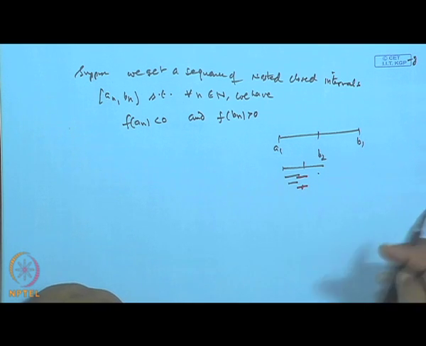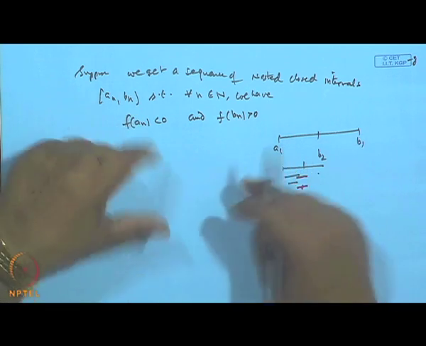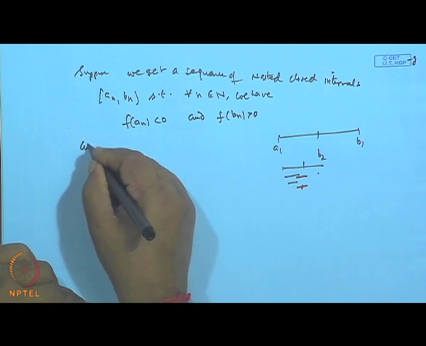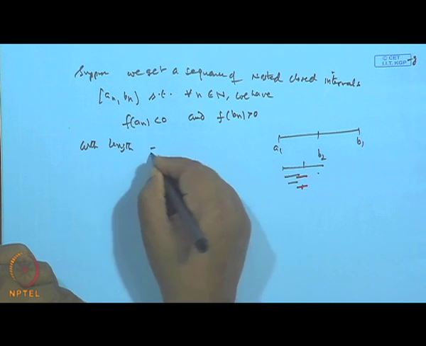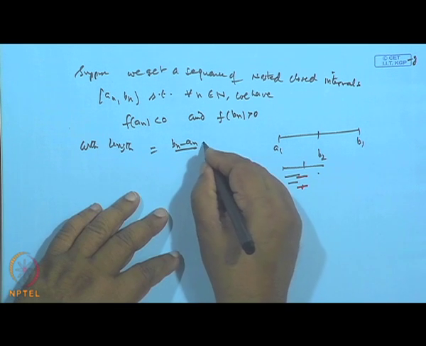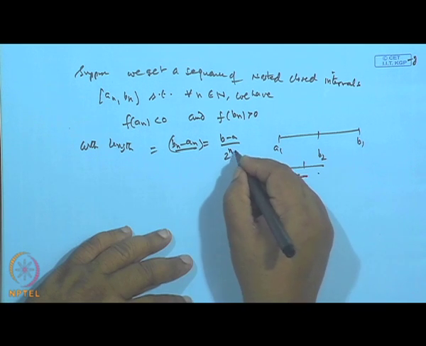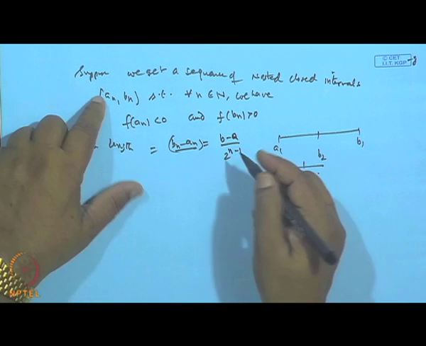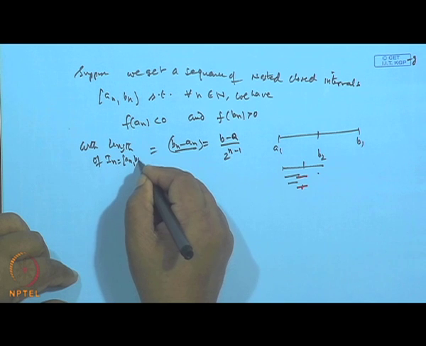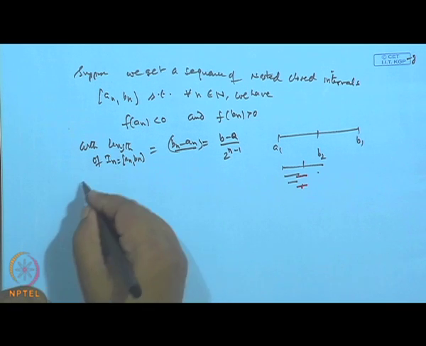So, we get a sequence of nested intervals, each contained totally in the previous one, and the length will be bn minus an, which is equal to b minus a over 2 to the power n minus 1. This is the length of the interval a_n b_n.